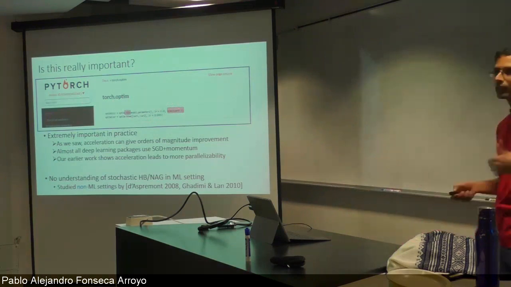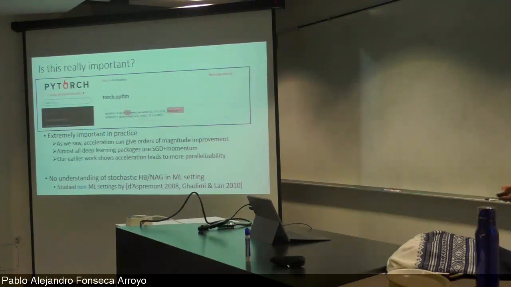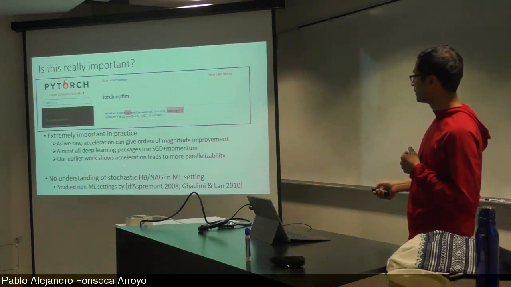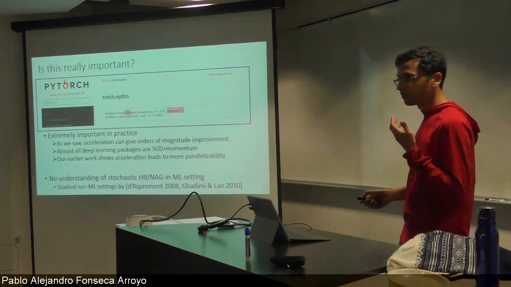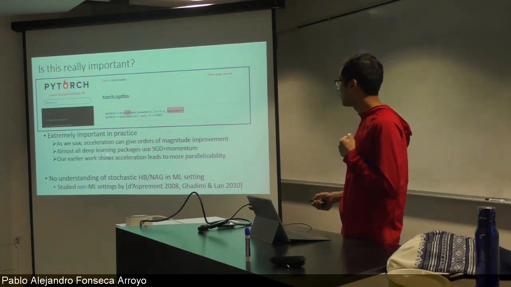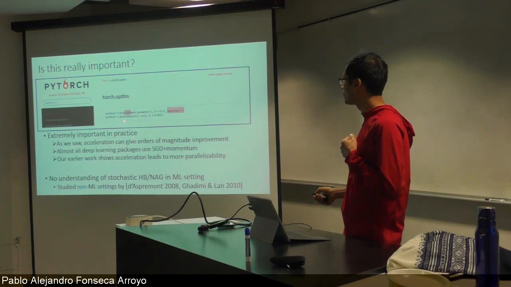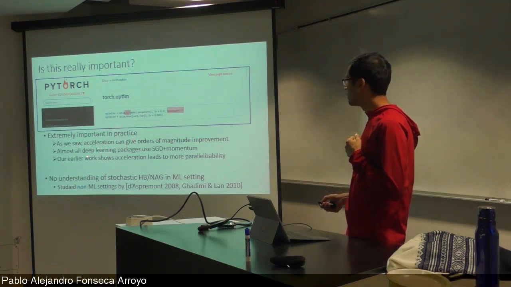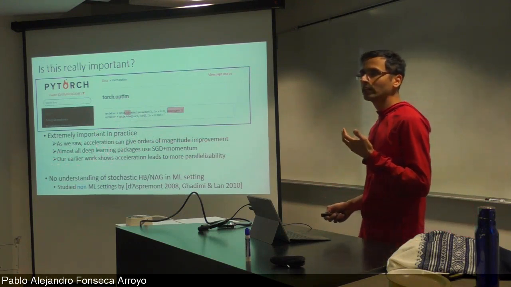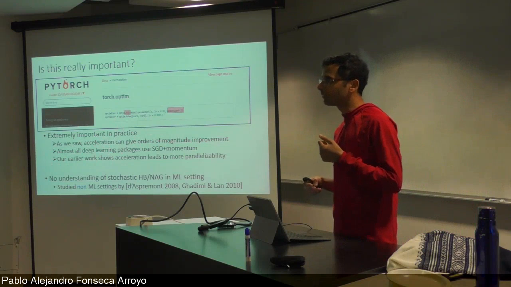In the deterministic setting, we already saw acceleration can give orders of magnitude of improvement. Even in stochastic settings, people are observing a lot of improvements. Some of our earlier work also shows that if you can accelerate, it could help in designing more parallel algorithms.